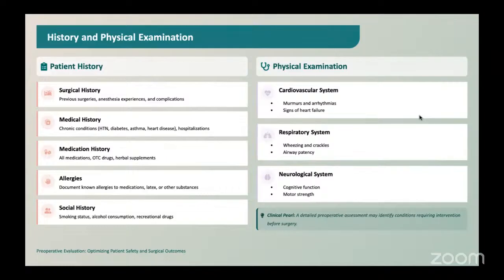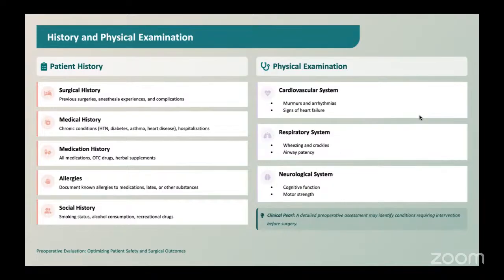So looking into history and physical examination. Patient history: we'll dig into the person's surgical history, so this is previous surgeries, anesthesia experience, and complications. We also look into the medical history, which is chronic conditions that the patient may have, like hypertension, asthma, diabetes, heart disease, or any hospitalization.